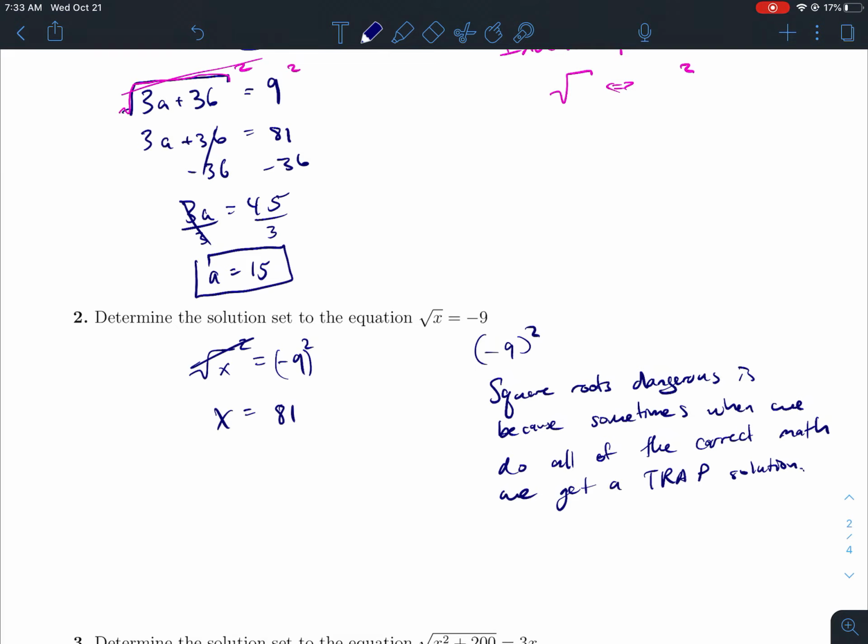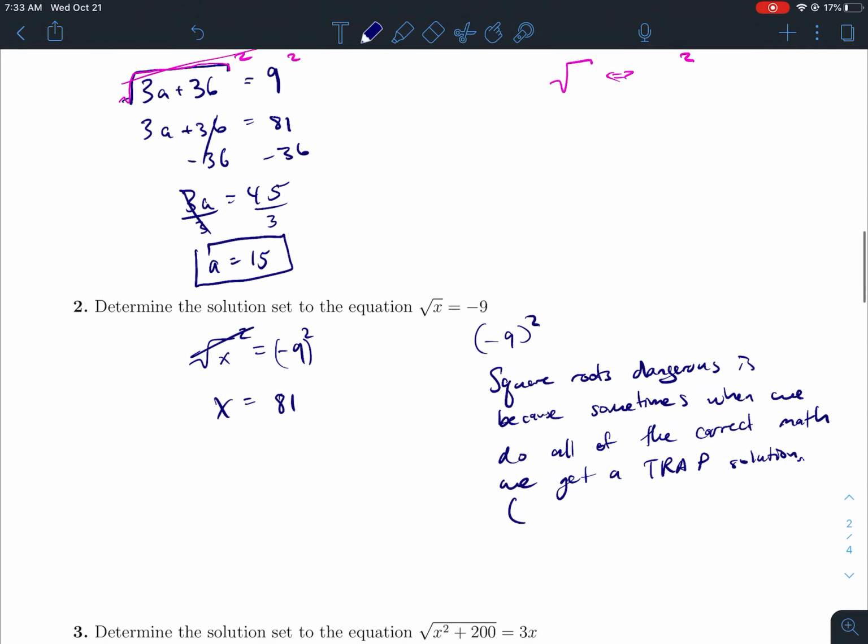Actually, let me give you the math name for this. A fake solution, one that we get like this one, it's a trap. The mathematical name for that is an extraneous solution. And so to avoid falling for these traps, we always need to check our answer.